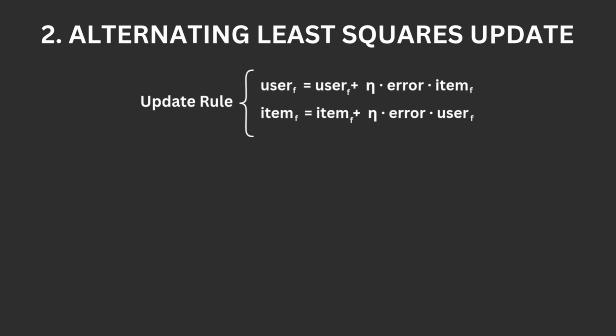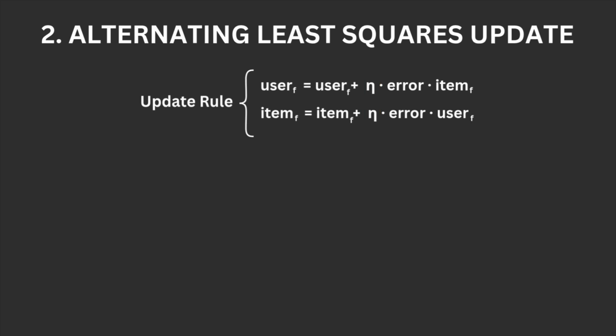To do this, ALS uses a simple formula that adjusts the values in the right direction. At each step, it alternates. First, it adjusts the user to get closer to the item, then it flips, adjusting the item towards the user. This back and forth happens gradually, with a small step size called the learning rate.